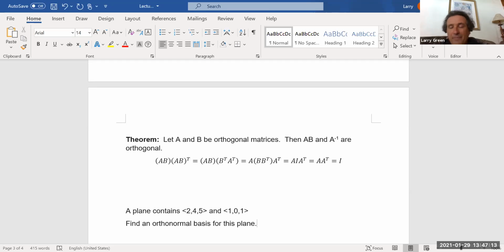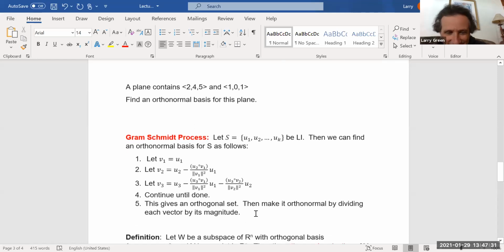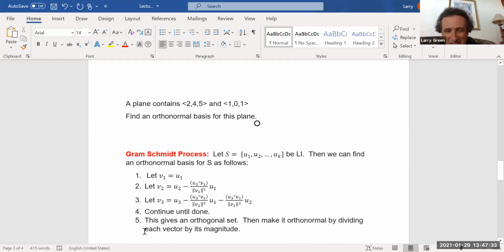Could you do that? Probably. Do you know how? No. No, you need help from two different people. Who are those people? Gram and Schmidt. Gram and Schmidt. Okay. And here's the Gram-Schmidt process.